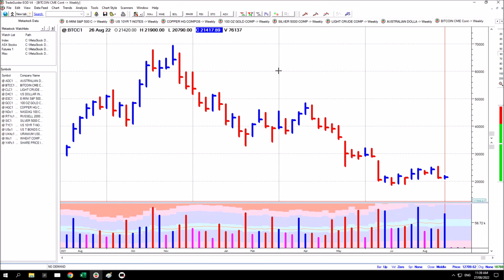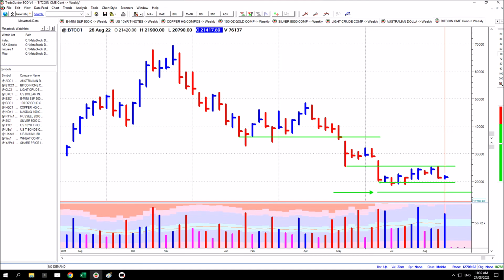Last chart is Bitcoin futures, and Bitcoin futures have a couple of breakdowns in the background. There's current support at 20,000, which I expect lasts back to 16,000. That's where previous support appears to be, between 20,000 and 16,000.